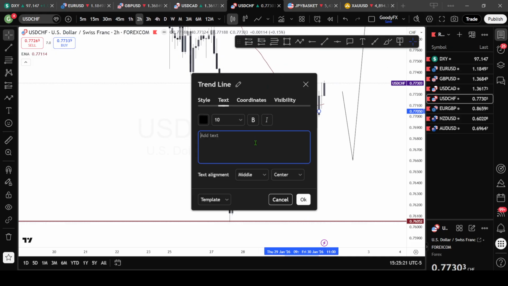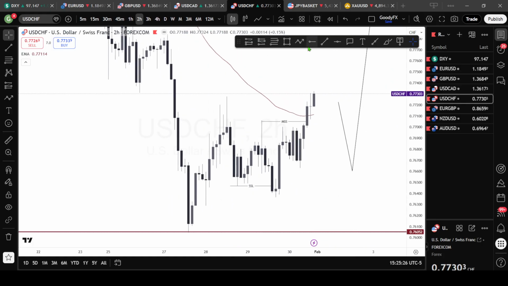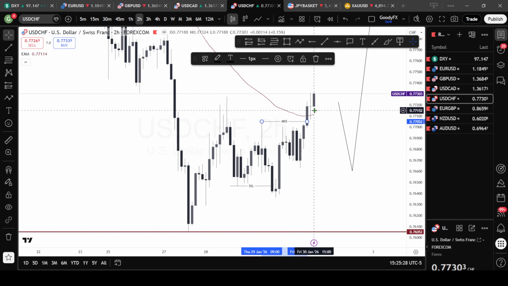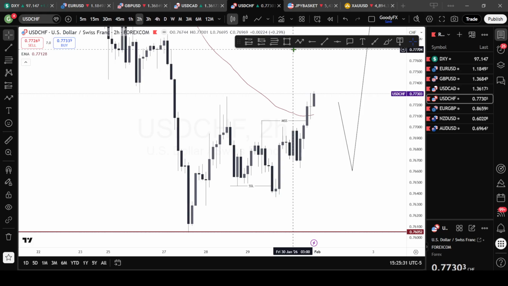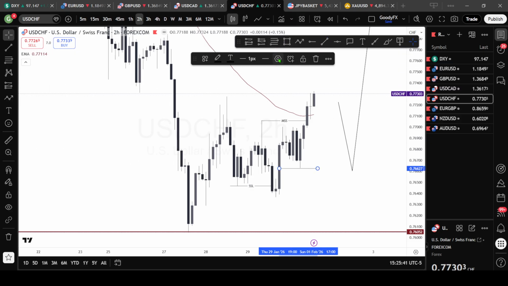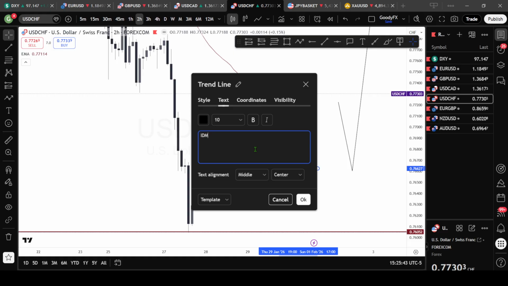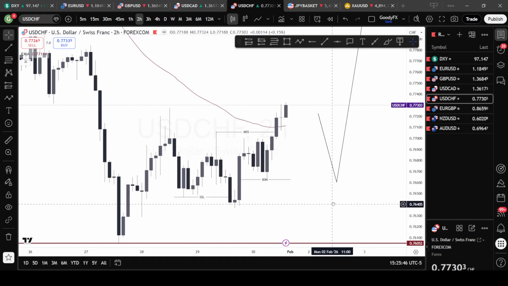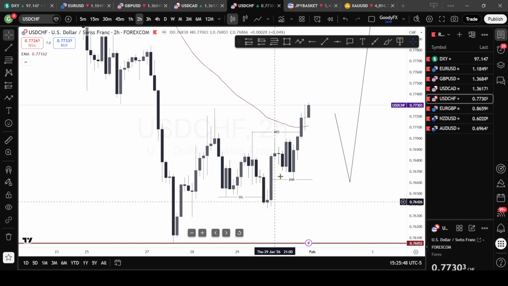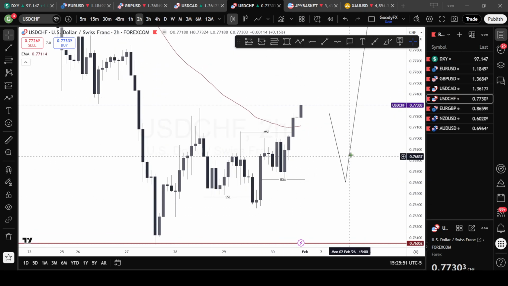So after price broke structure, we created an inducement here. Now this inducement, to me, I'll be looking for price to take it out. So let's see if price will give us that deep retracement.